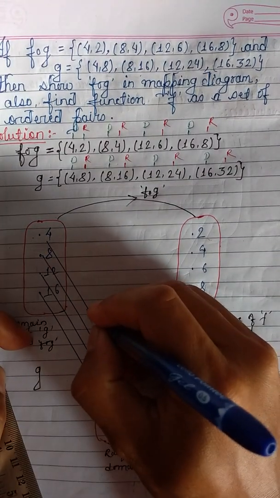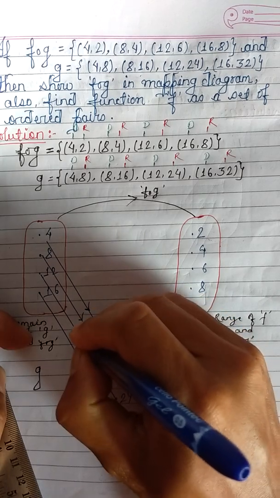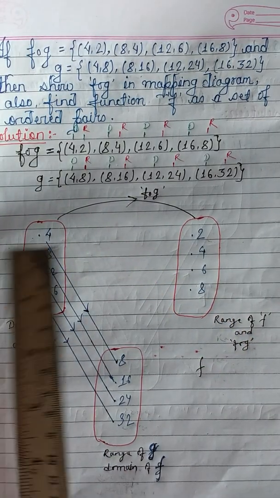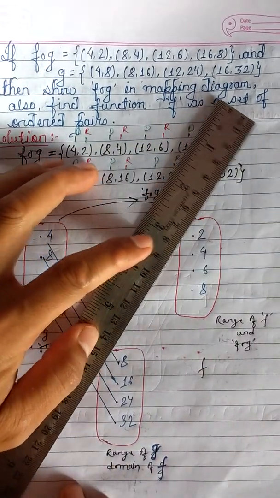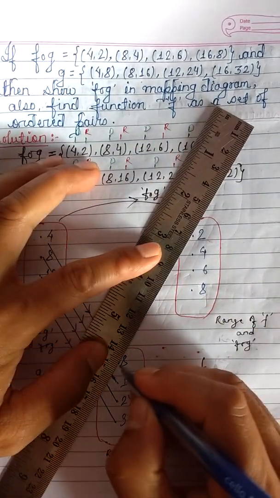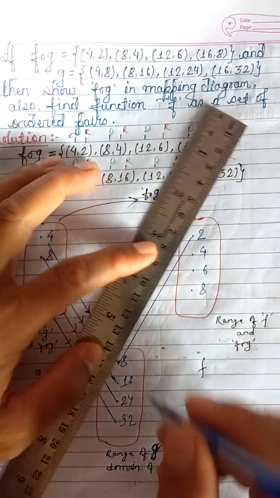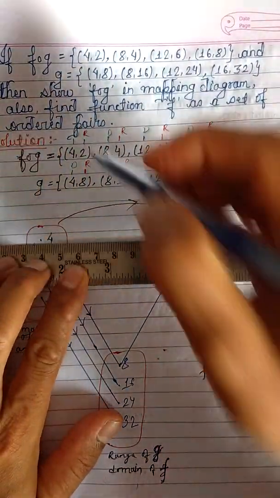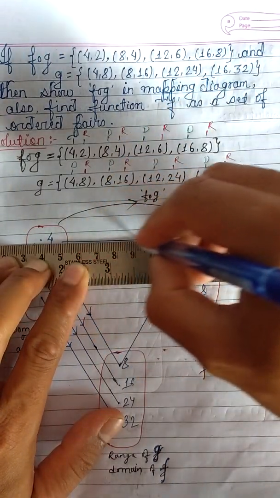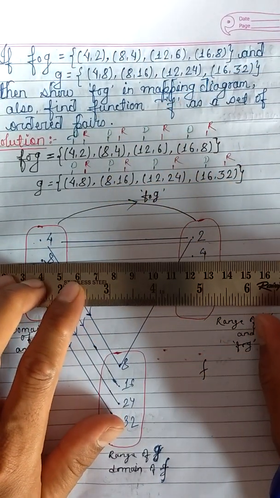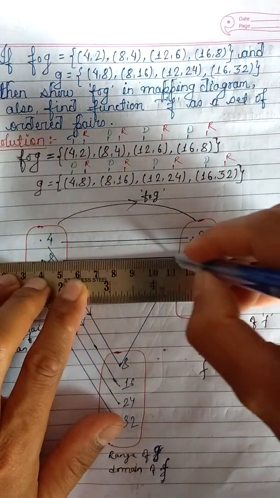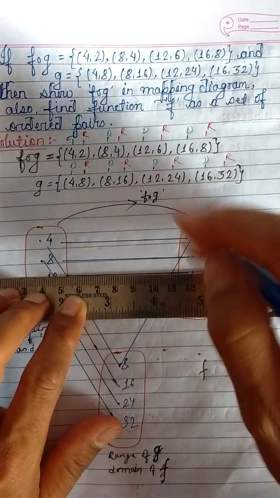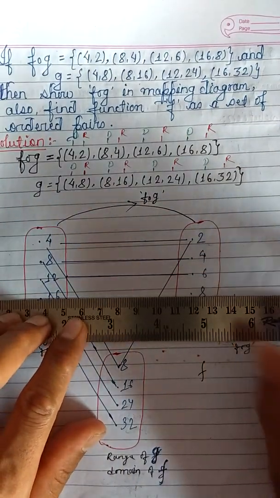Now the arrow goes below, the same way, because this is the domain and this is the range. Now this is the domain of f and the range of g. Where does it go? Let's draw it, which makes it clearer. From the composite function, 4 goes to 2, 8 goes to 4, 12 to 6, and 16 to 8.